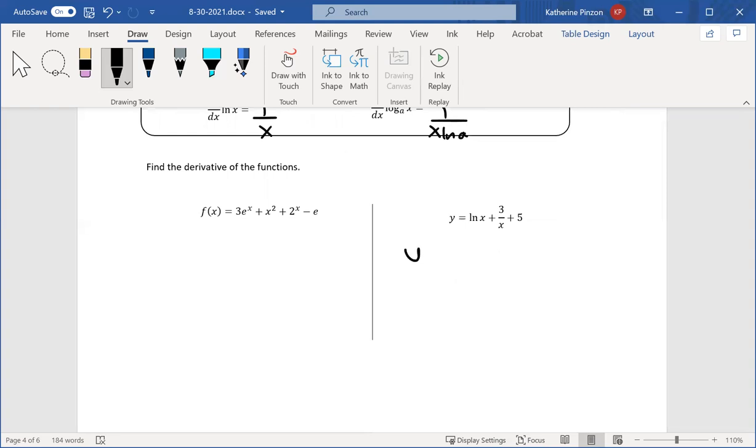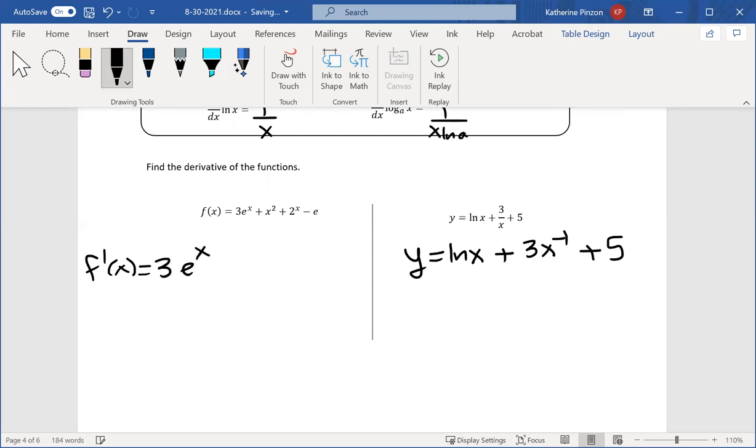I'm going to do this one first because I'm just going to do the rewriting part. How do I rewrite 3 divided by x? 3x to the negative 1. Okay, great. Now I'm going to take the derivative. Derivative of 3e to the x is 3e to the x, plus the derivative of x squared is, bring the power in front, 2x to the 2 minus 1 makes 1.